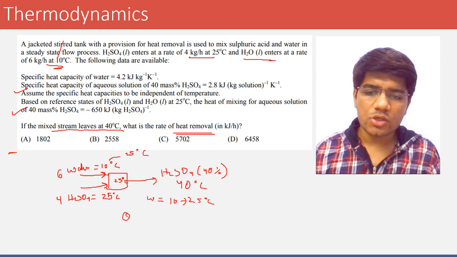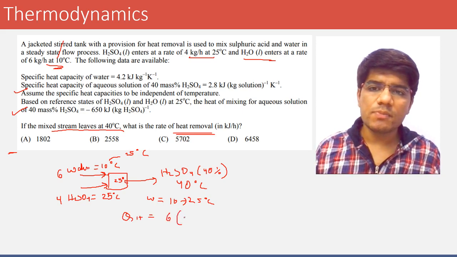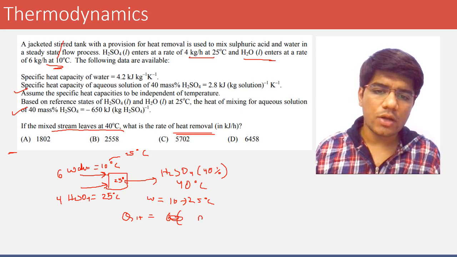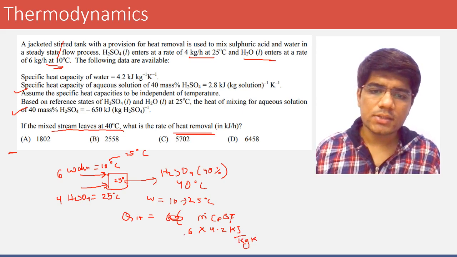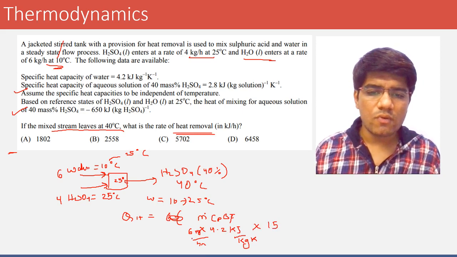So the heat required will be Q equal to m dot Cp delta T. Here m dot is given as 6 kg per hour, and Cp for water is 4.2 kilojoule per kg Kelvin. Delta T is 25 minus 10, which equals 15. So this is for water.